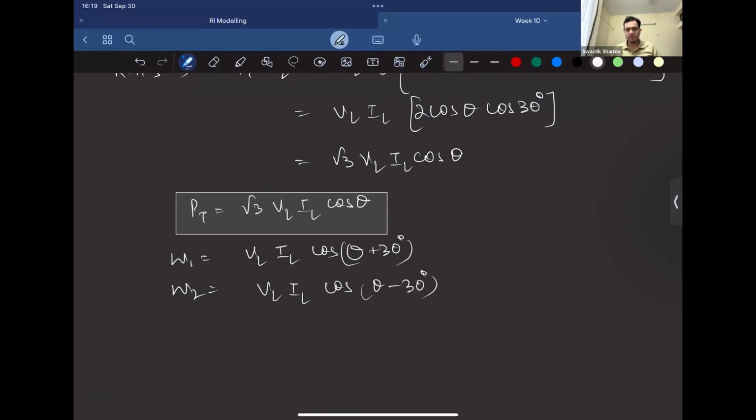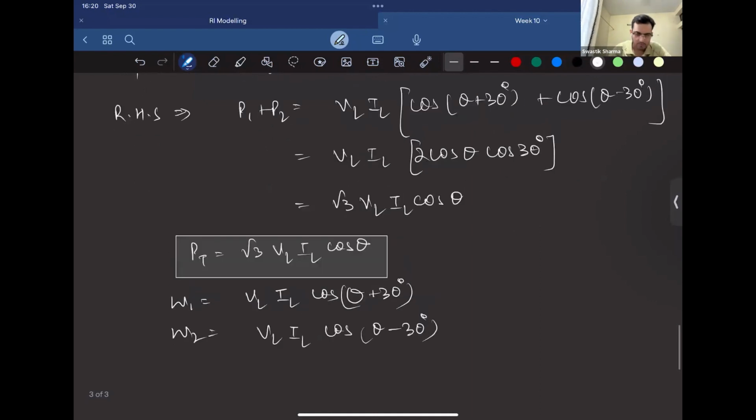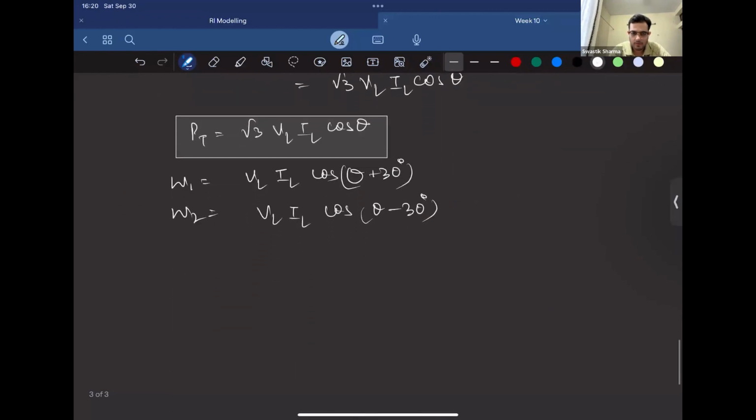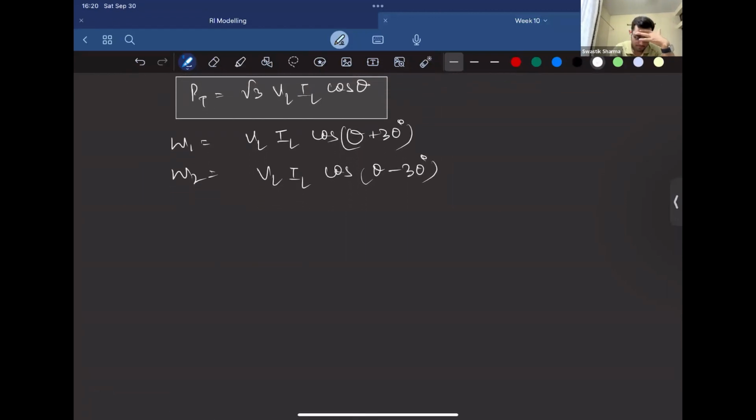Just remember these three quantities, because to solve questions, this is what you are going to use. So this is about the 2 wattmeter method. Any questions up until now, or should I move ahead?